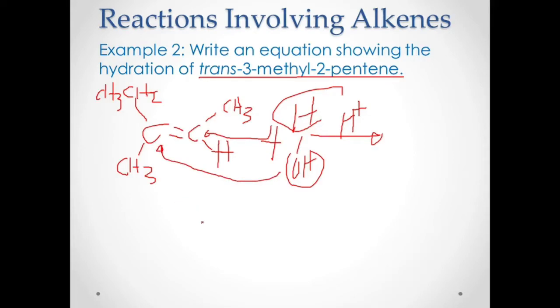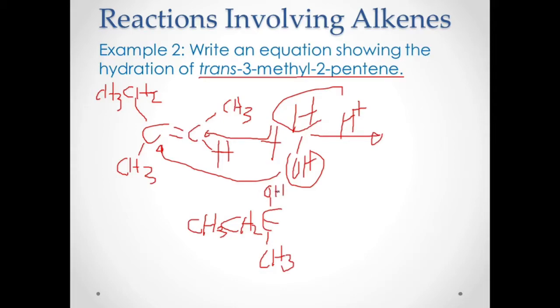So the major product would be, you have CH3, CH2, then you have C, that is carbon number 3, that is actually CH3, and the OH would be there.